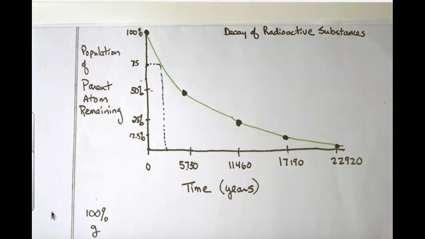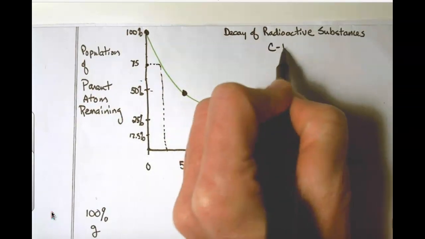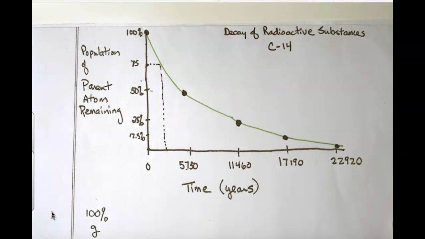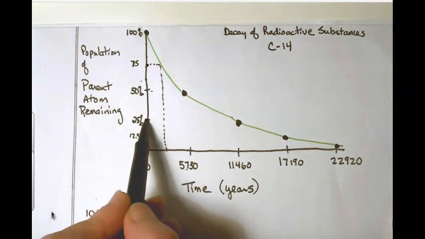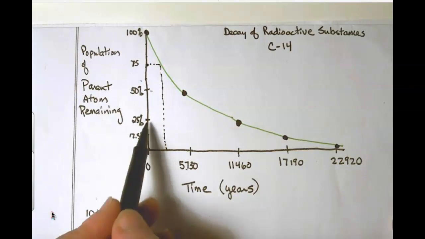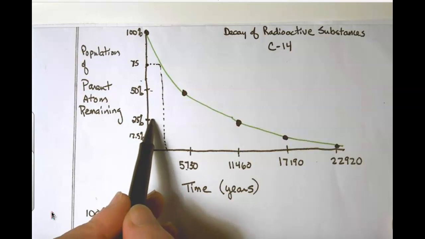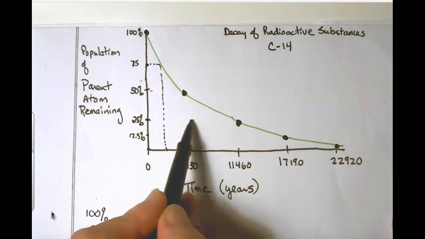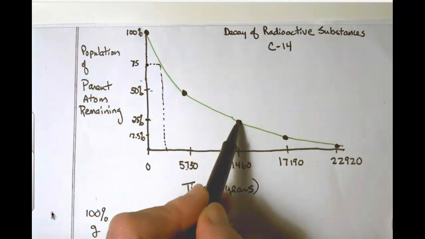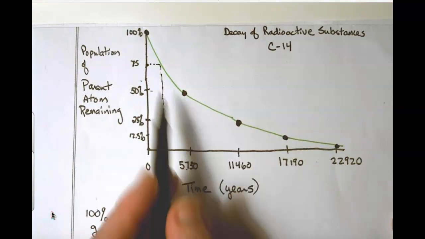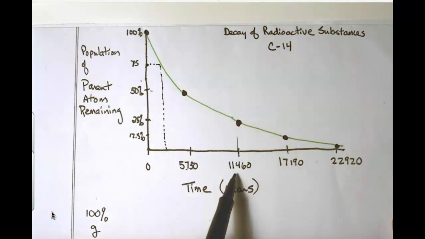If we had a sample of carbon 14, and 25% of the carbon 14 was still radioactive, we would go over to our chart where you hit your trend line and go down. We'd find that about 11,000 years old.